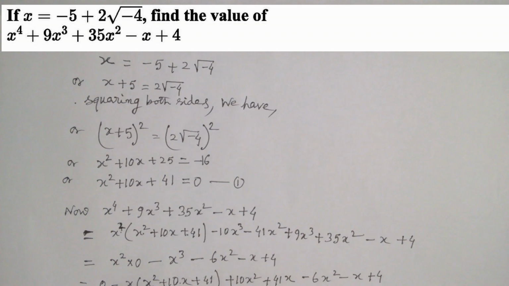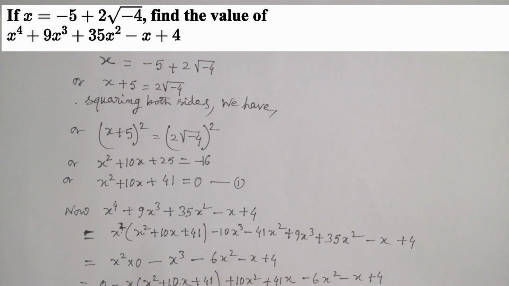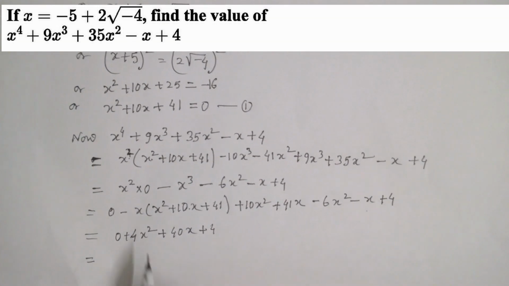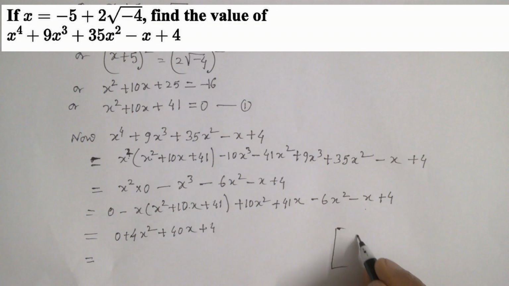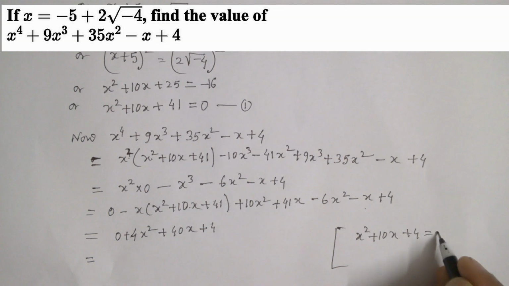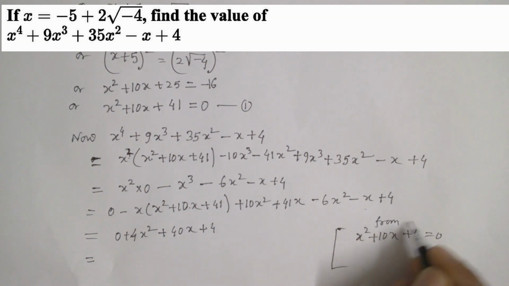This will become 0, so writing 0. 10x square minus 6x square, that is 4x square, plus 41x minus x, plus 40x, plus 4. Now simply putting the value of x square from equation 1, here writing x square plus 10x plus 41 is equal to 0.